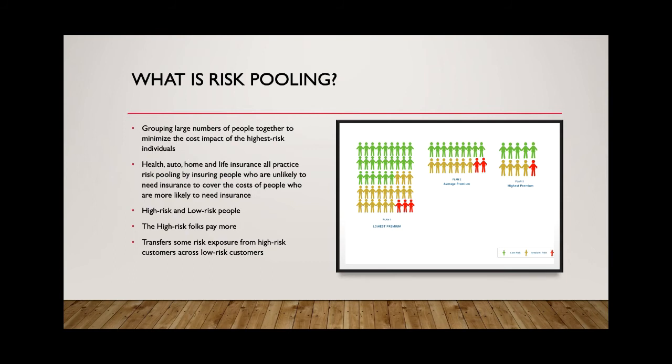So it groups high risk and low risk people together in the same group, with high risk people generally paying more. The whole idea here is that risk pooling transfers some risk exposure from high risk customers across the large group of low risk customers for a lower overall risk.